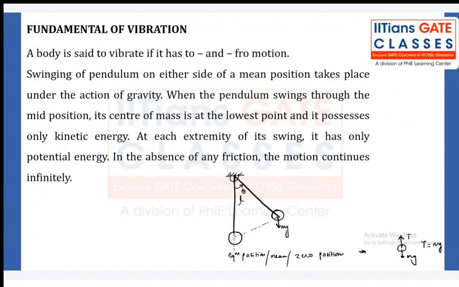For example, this is mg. Mg has two components. This angle will be theta. This will be mg cos theta. This will be mg sin theta.